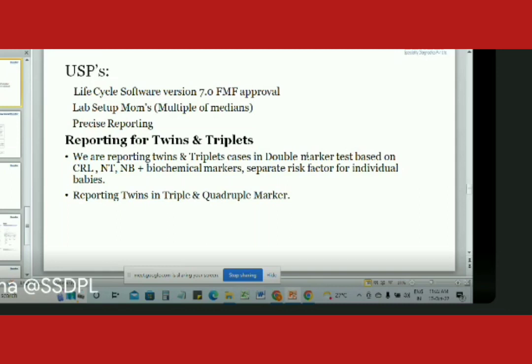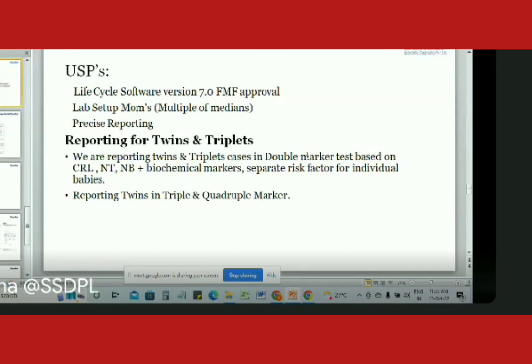Based on our data, we have lab-derived MoMs, so that there would be fewer false positives or false negatives. This is one of our USPs. And Life Cycle software 7 is FMF approved.